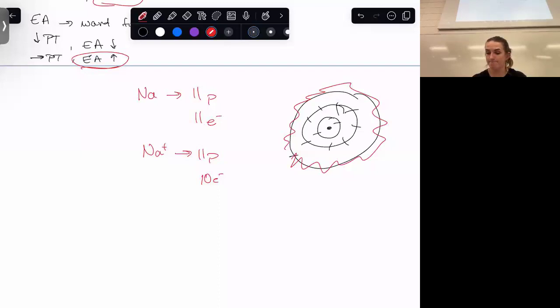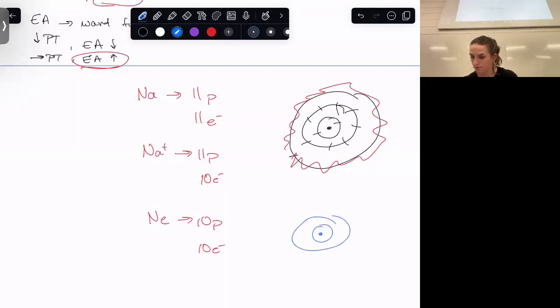Does anyone know what element comes right before it? So neon has how many protons? 10. How many electrons? 10. So it also looks like this.